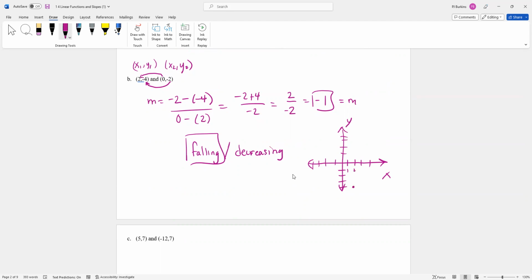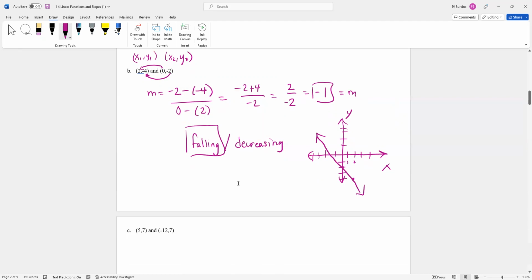And then 0 in the X down 2. Okay, so if we connect those 2 points, ooh, way off. It's not easy to do this on a pad when you don't actually see where you're going to cross the points. So something like that. And that is obviously falling, or what we would say is decreasing, right? If we read from left to right.